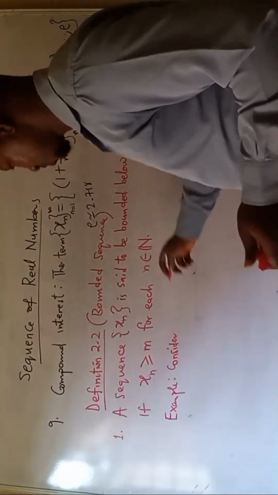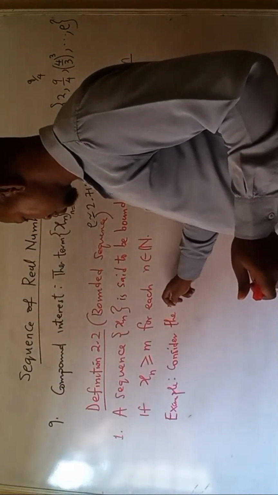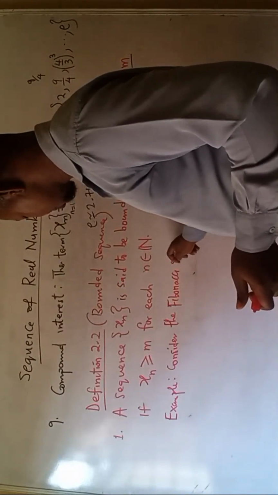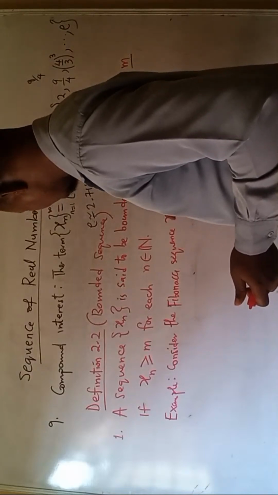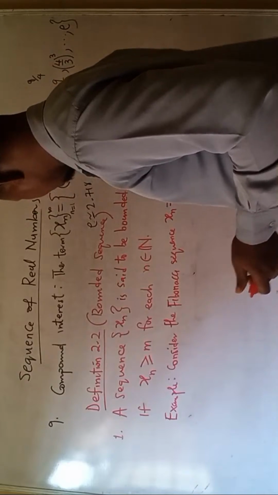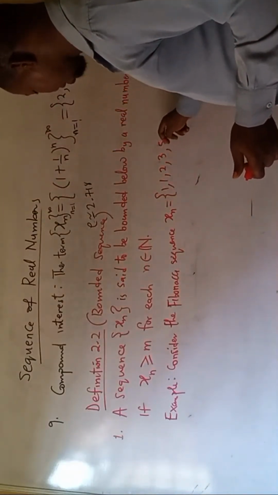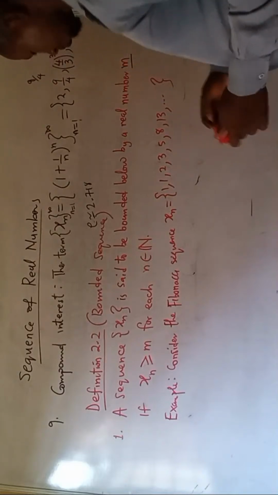So consider the Fibonacci sequence. This is one of the sequences we consider here, where xn is equal to 1, 1, 2, 3, 5, 8, 13, and so on and so forth.